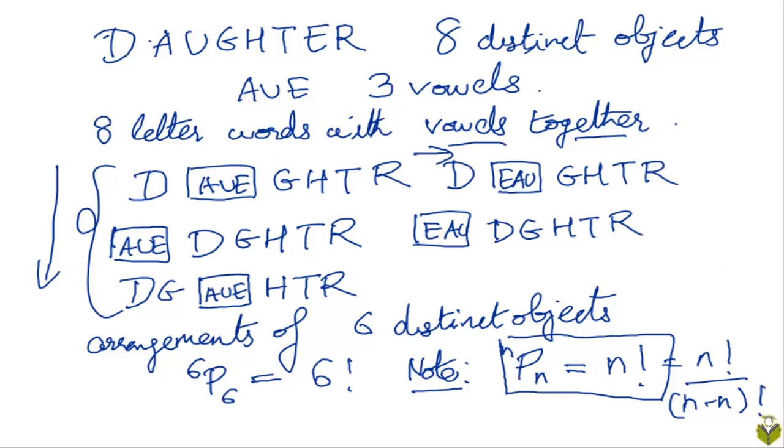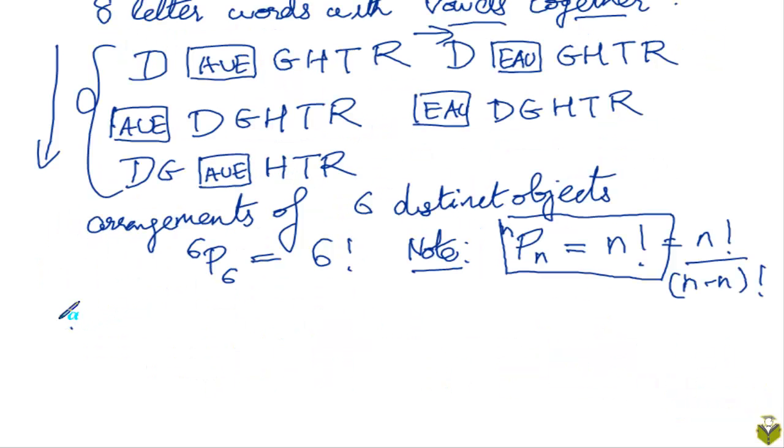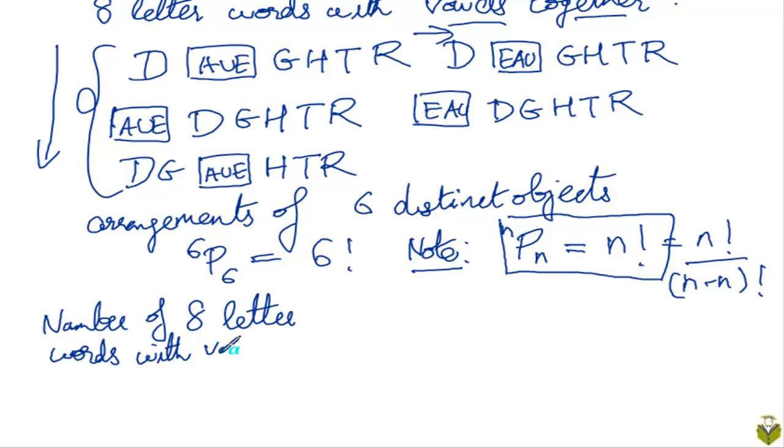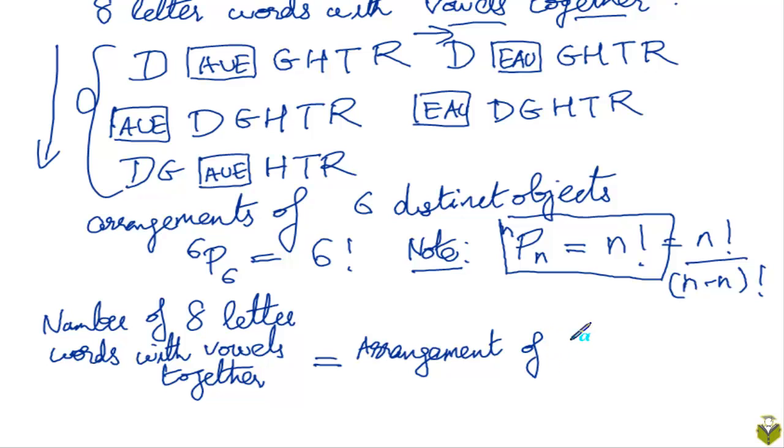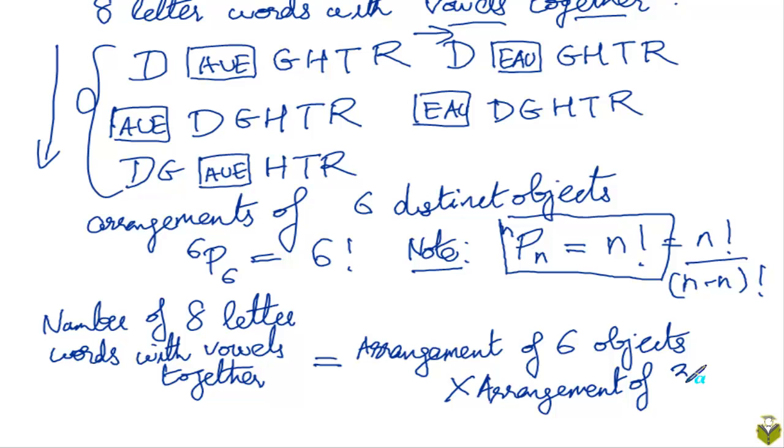So the number of 8-letter words with vowels together is first the arrangement of 6 objects, which we already know is 6 factorial, but I'm just writing it, multiplied by the arrangement of 3 objects.